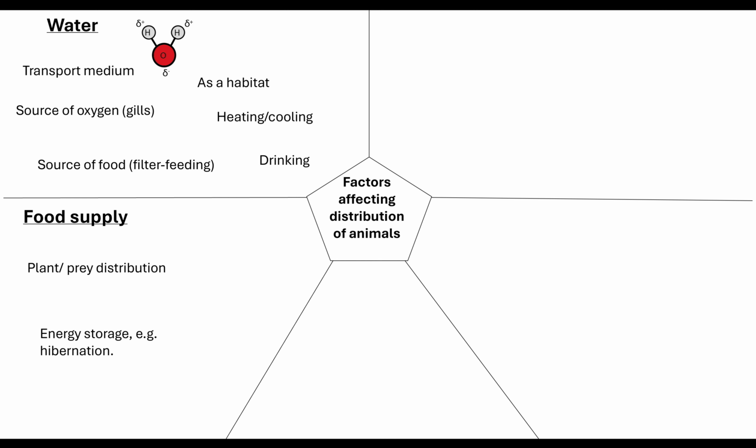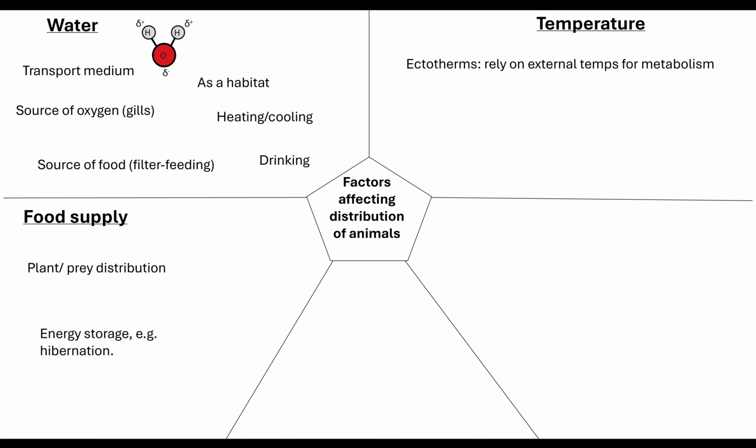What I've been noticing is the squirrels have been taking all the seeds that have been falling off the trees and hiding them in a place ready for when we get to spring. So energy storage, if an organism is going to be hibernating, that food supply, where you locate them, they will be finding that food so that they can store it away and then go off for that hibernation. So that's going to affect the distribution of animals.